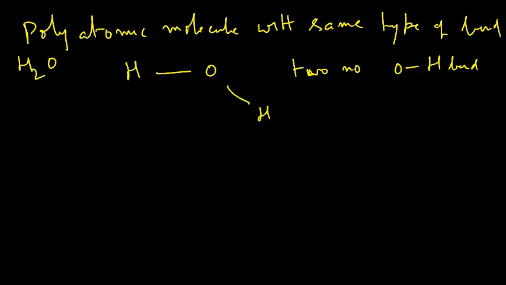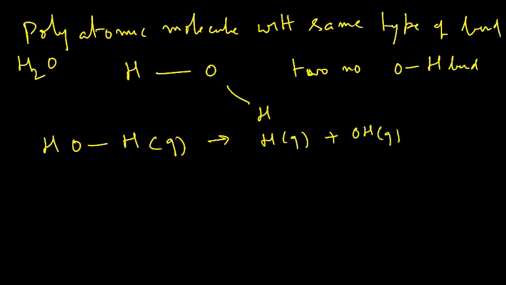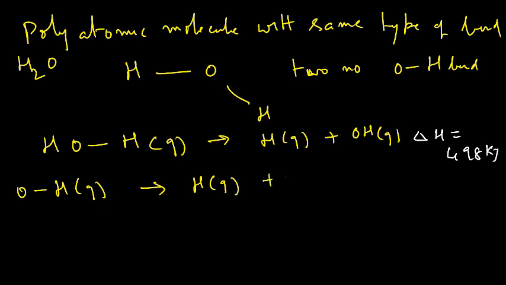This is one side, we can take OH dash H. So to break this bond, OH gas gives H gas plus O gas. Here the bond enthalpy delta H is equal to 498 kilojoule. Now to break the other bond, O dash H gas gives H gas plus O gas. Here the bond enthalpy delta H is equal to 430 kilojoule.